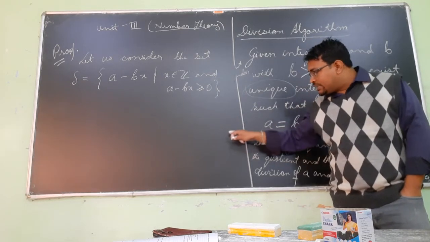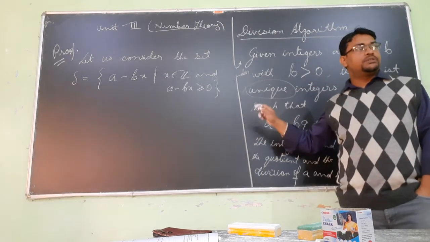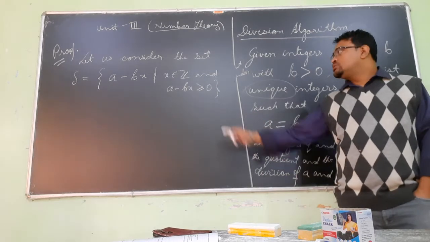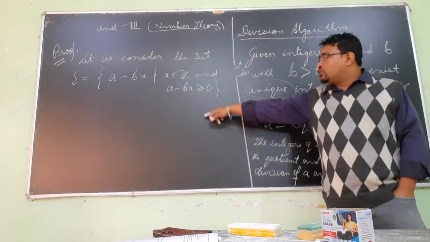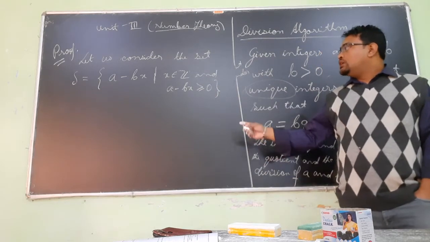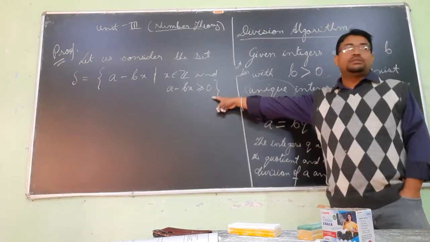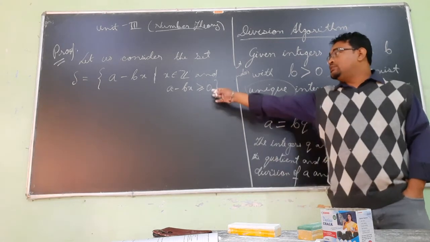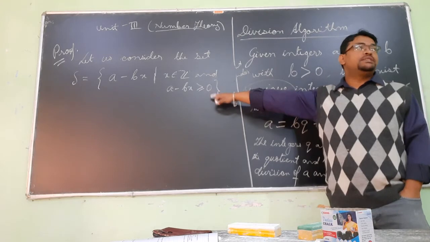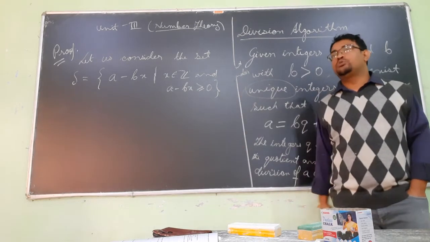Every non-empty set of non-negative integers has a least element. Here I am sure that it is a set of non-negative integers. Together with that, what else do I need? I need to confirm it should be non-empty, whether there are some elements inside this set or not. This is what we have to confirm.